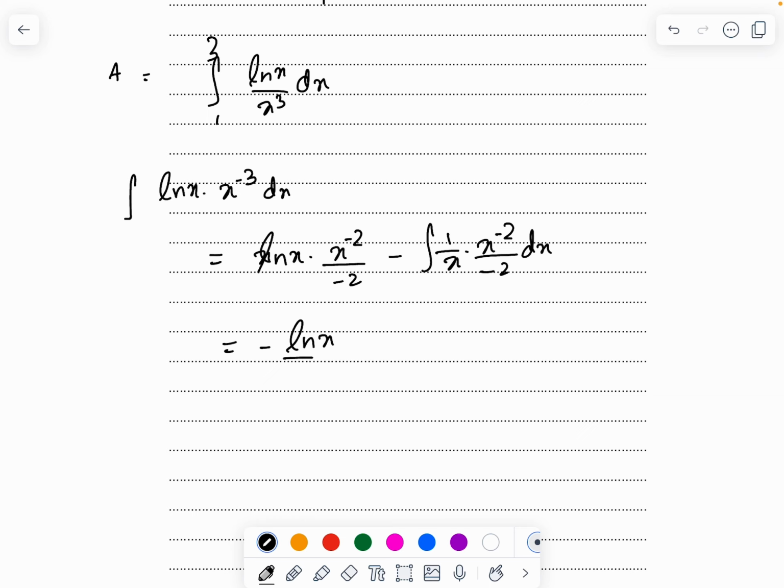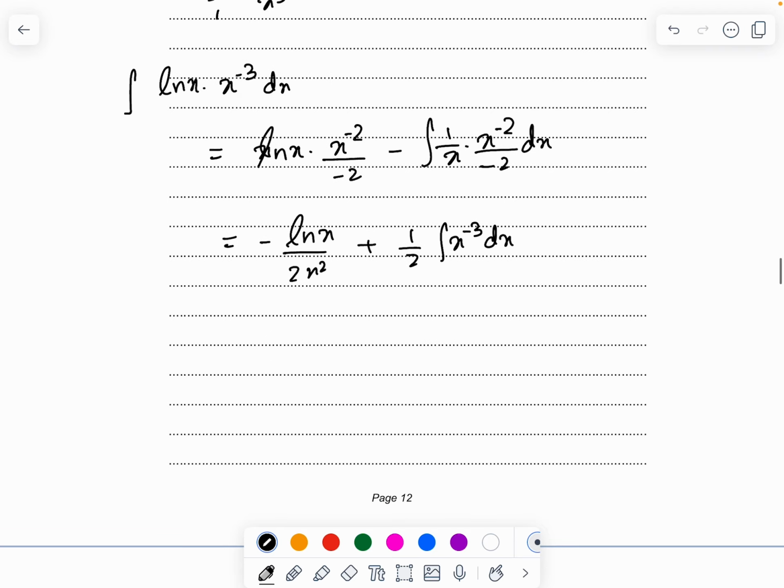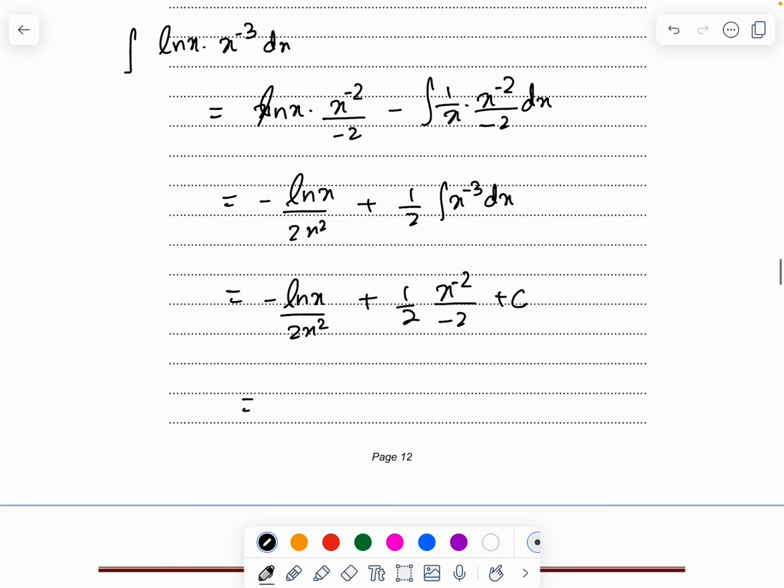Minus ln x upon 2x square plus 1 upon 2 integral of x power minus 3 dx, which becomes minus ln x upon 2x square plus 1 upon 2 times x power minus 2 upon minus 2 plus c. So what will be the final answer? Minus ln x upon 2x square minus 1 upon 4x square plus c.